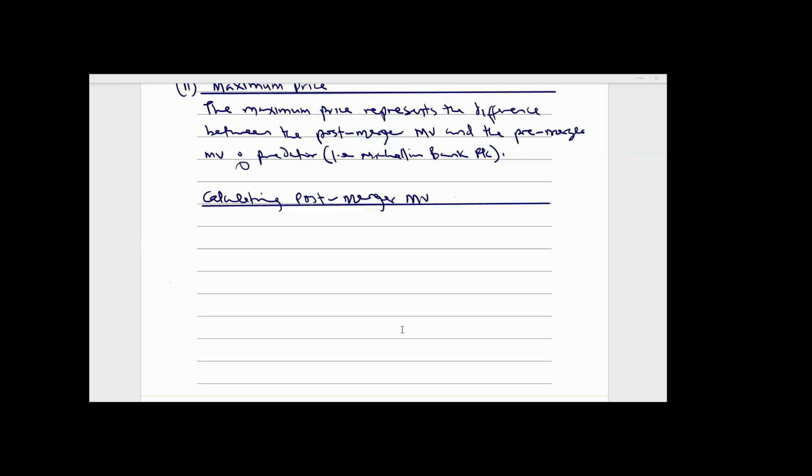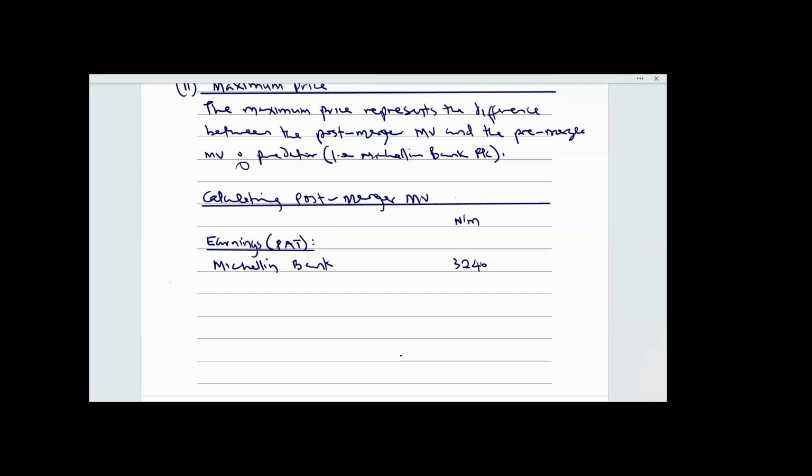To calculate my post-merger market value, I need to determine my total earnings. Earnings is the same thing as profit after tax. The earnings of Michelin Bank is 3240, figures are in million.